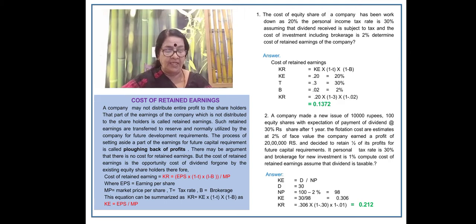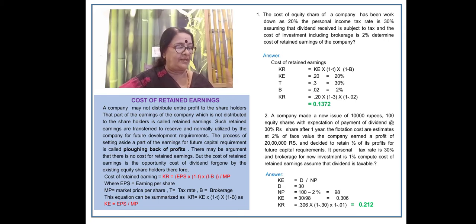T, the tax rate, is 30%, that is 0.3. B, brokerage, is 2%, that is 0.02. So KR = 0.20 × (1 − 0.3) × (1 − 0.02), and it comes to 0.1372. It's very easy to find out.